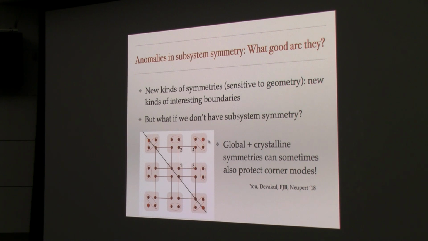Either they appear at corners, a sharp corner, or the number of low energy degrees of freedom grows with the size of the boundary. They always have this geometrical dependence.